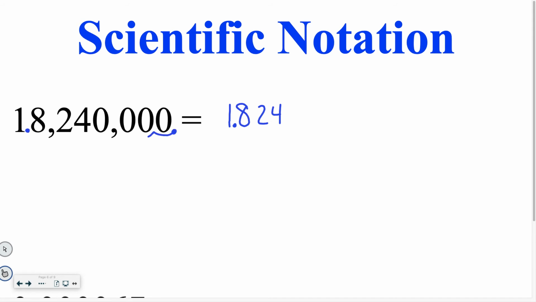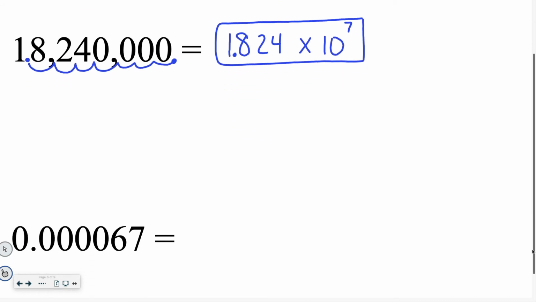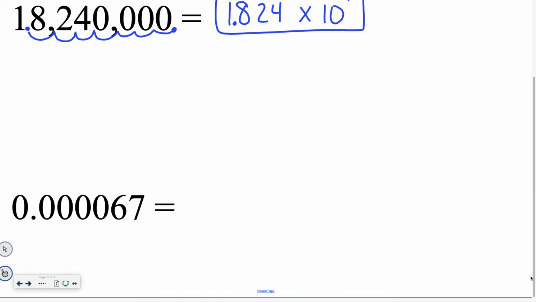I'm moving it 1, 2, 3, 4, 5, 6, 7 places. So I say 10 to the, is this going to be a positive or a negative 7? This should be a positive 7 because we're dealing with a really big number rather than a really little number. Okay, so 1.824 times 10 to the 7th power.